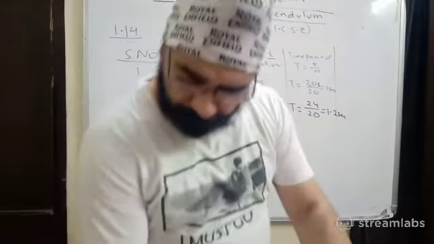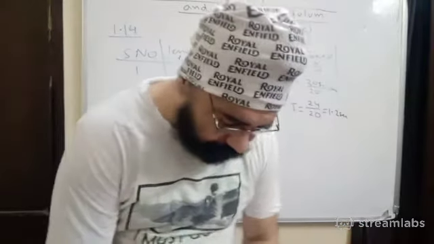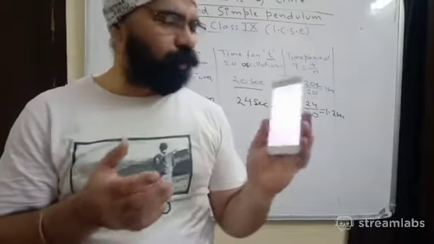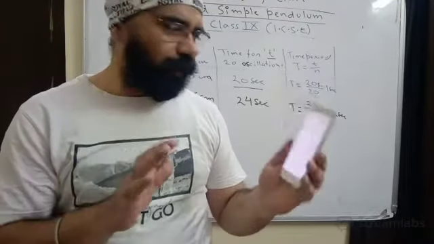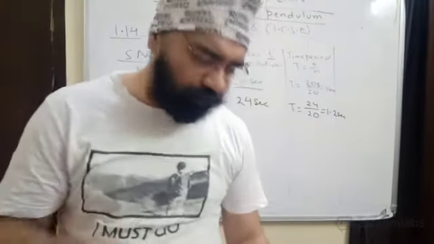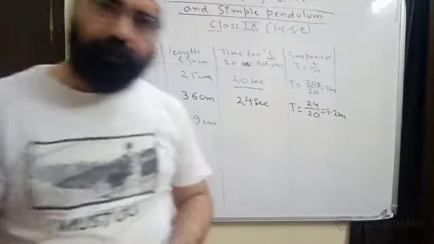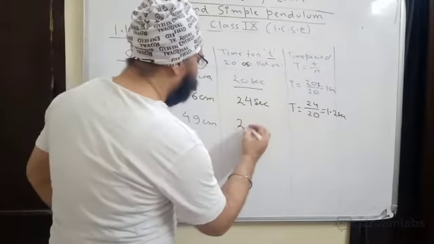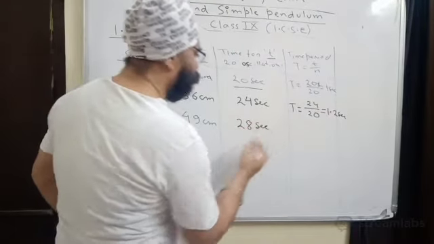Okay, I stopped it at 20 and it gives me a reading of 28.6. My reflexes are slow. Ideally it should have been 28. Some minor errors, my measurement was not exact, so we write it 28. I write 28 seconds was recorded.